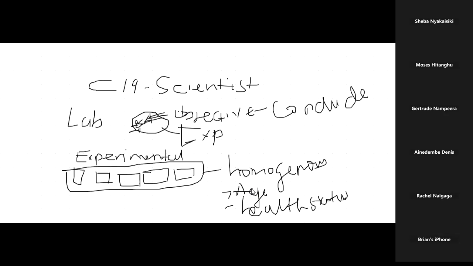So same age group, same health status, the same economic background. Why economic background? I'm assuming economic background has an influence on your health status. Do you have any underlying issues? Do you have the same immune system, that you've been eating the same types of foods and so on and so forth?